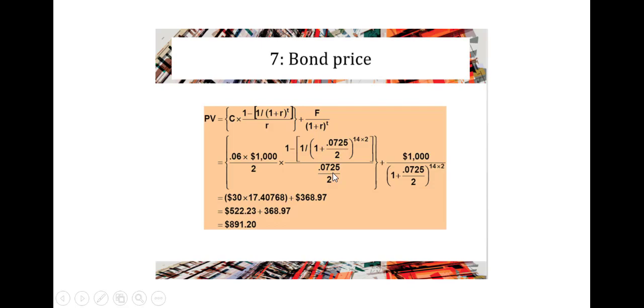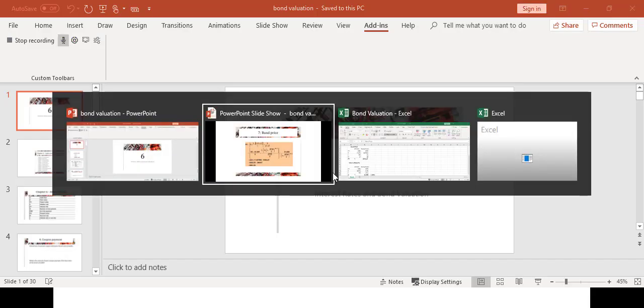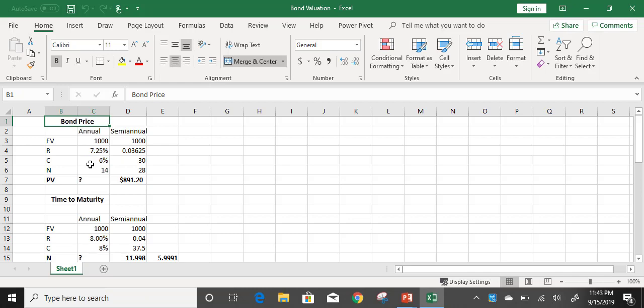Now let's see how Excel can be used. So here is the bond price. What I have done is the interest rate and coupon payment are expressed in yearly terms. So let's convert the interest rate and the coupon payment into semi-annual frequency.